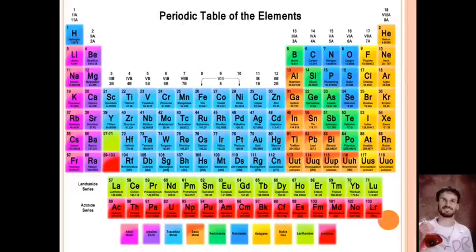If I were to ask how many electrons boron has, and boron has no charge, you would see that boron has 5 protons. So if it has 5 plus charges, then it must have 5 minus charges as well. So boron has 5 electrons.